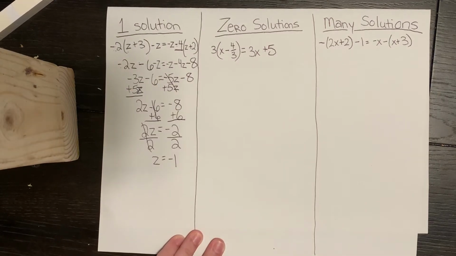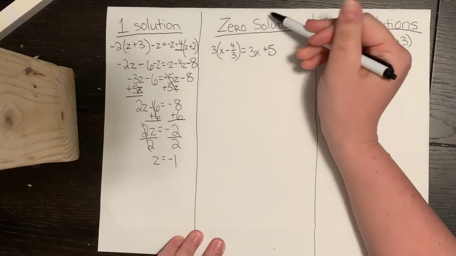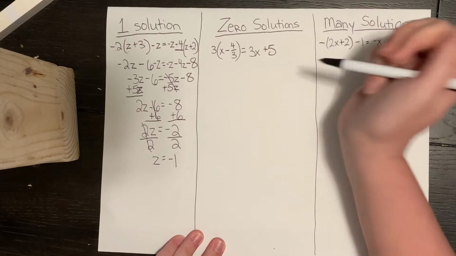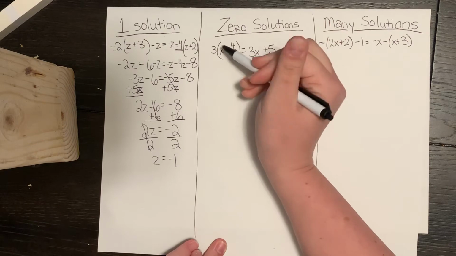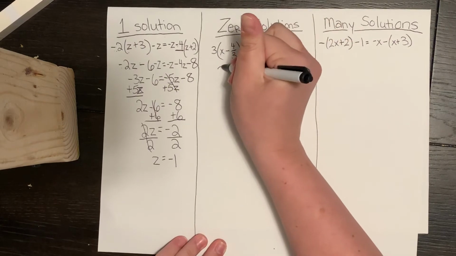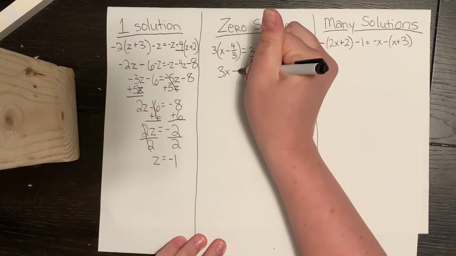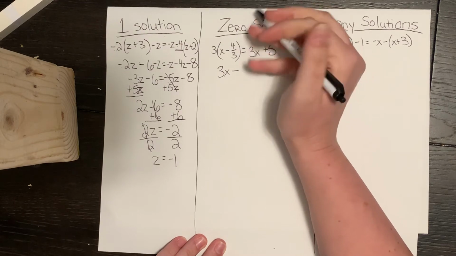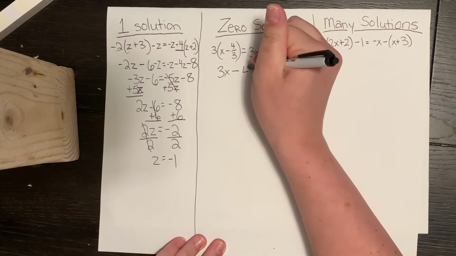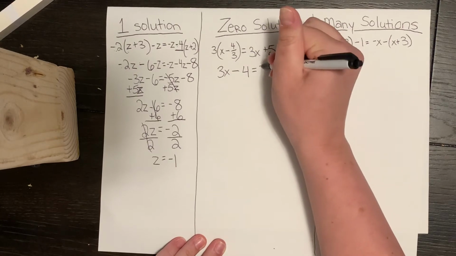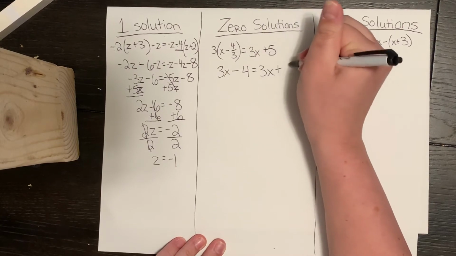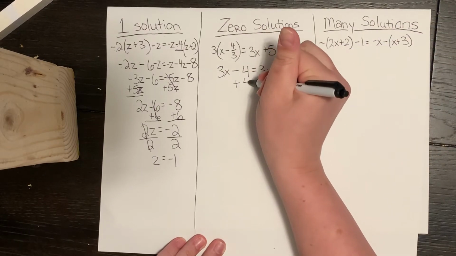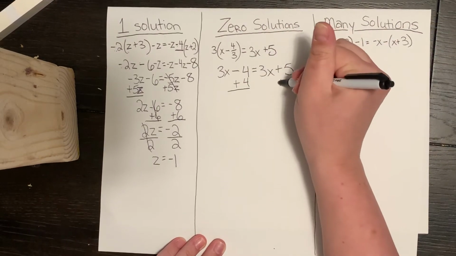Now, the next one I'm going to do is to show you what happens when you have zero solutions. So I'm giving you an example. I'm going to go ahead and use the distributive property here, 3x minus, I have 12 divided by 3, so that would be 4, equals 3x plus 5. I'm going to add 4 to get it on the other side.